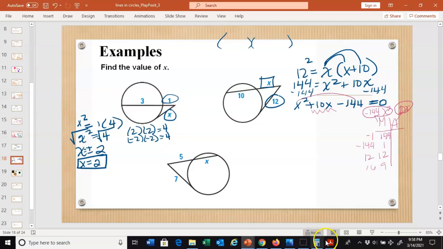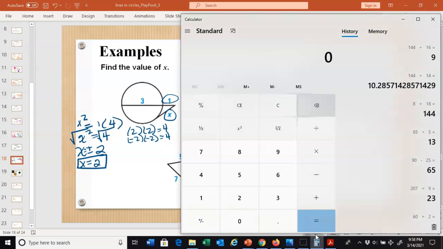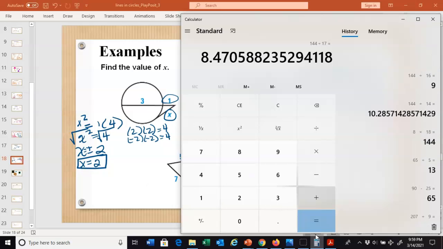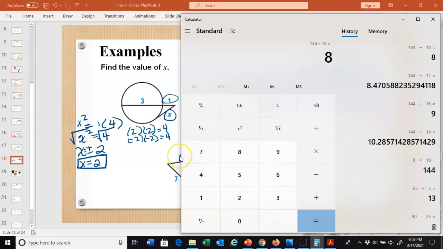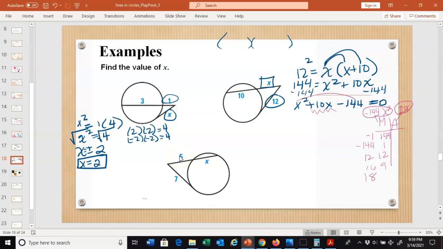So that doesn't add to give us 10, but we're on the right track. So let's see if 17 goes in. Nope. And I just like to be very methodical. Let's see, 18. Oh, 18 and 8. Ooh, 18 and 8. That is promising. So we could do a positive 18 and a negative 8. Look at that. That gives us 10, doesn't it? 18 minus 8 is 10.